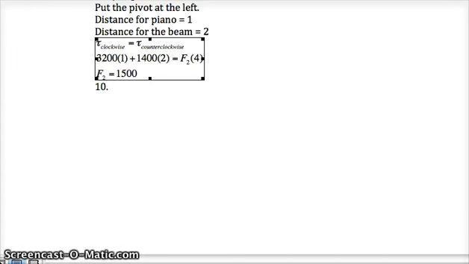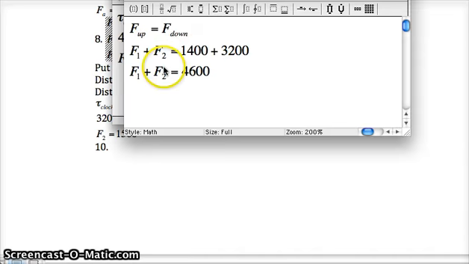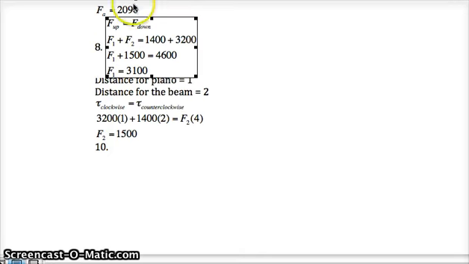And then we can go back into the other equation where we saw they added up to 4600. Now we know F2 is 1500. So that gives us F1 is equal to 3100. There.